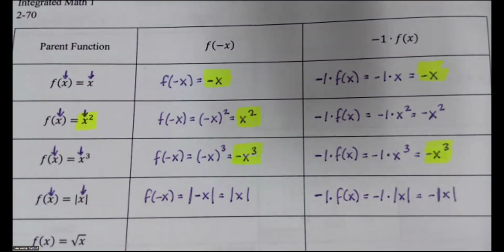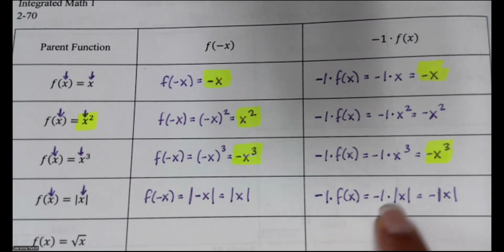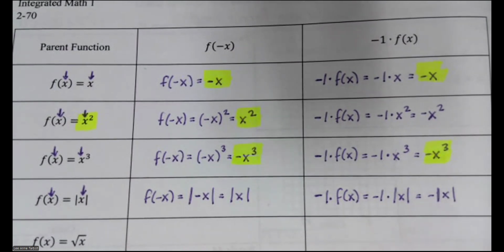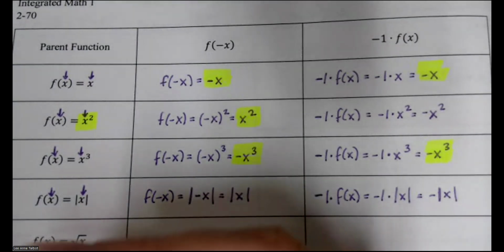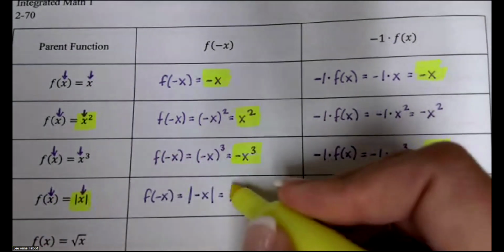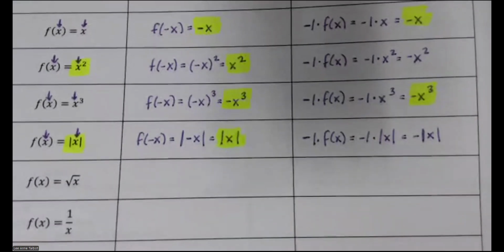So this one, the negative was on the inside, which makes it positive because it's absolute value. This one, the negative is on the outside, so the negative stays outside. Okay, what matches? Yep, first and second. You're getting the hang of it, I hope.